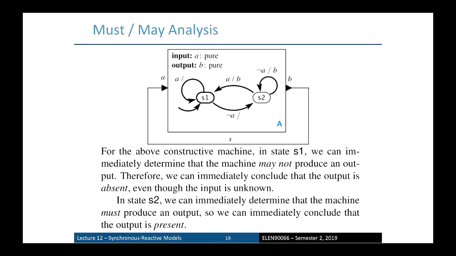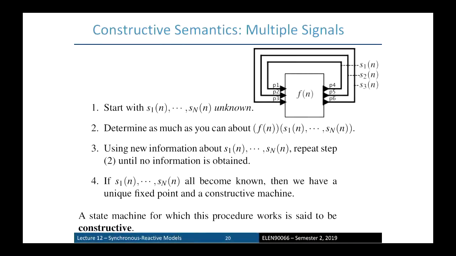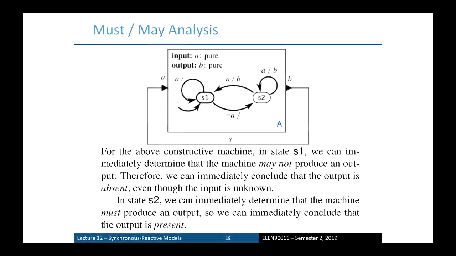It turns out that you can apply the constructive semantics for any interconnection. We've just looked at very simple feedback systems, with a very simple signal coming back. Indeed, this is just a pure signal.